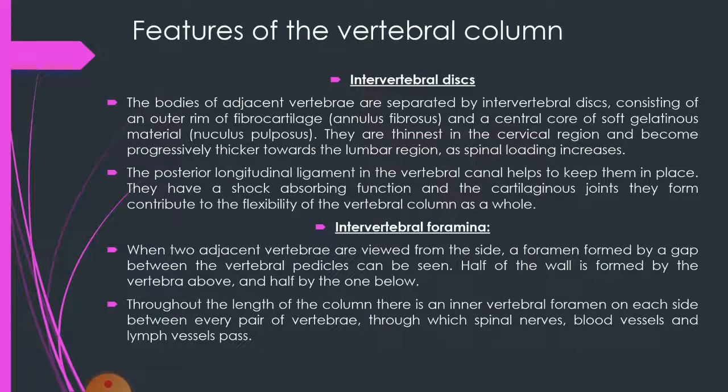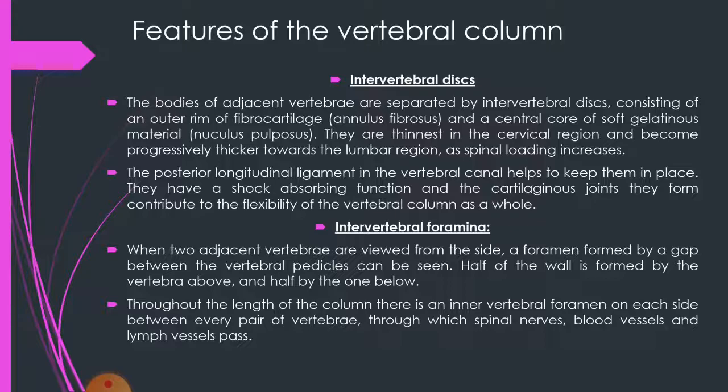The intervertebral foramina. When the 2 adjacent vertebrae are viewed from the side, a foramen formed by a gap between the vertebral pedicles can be seen. Half of the wall is formed by the vertebra above and half by the one below.